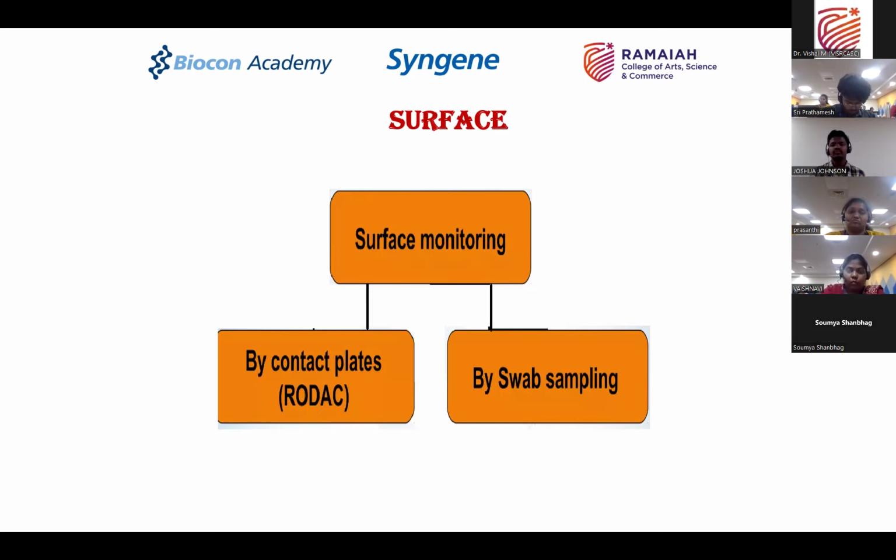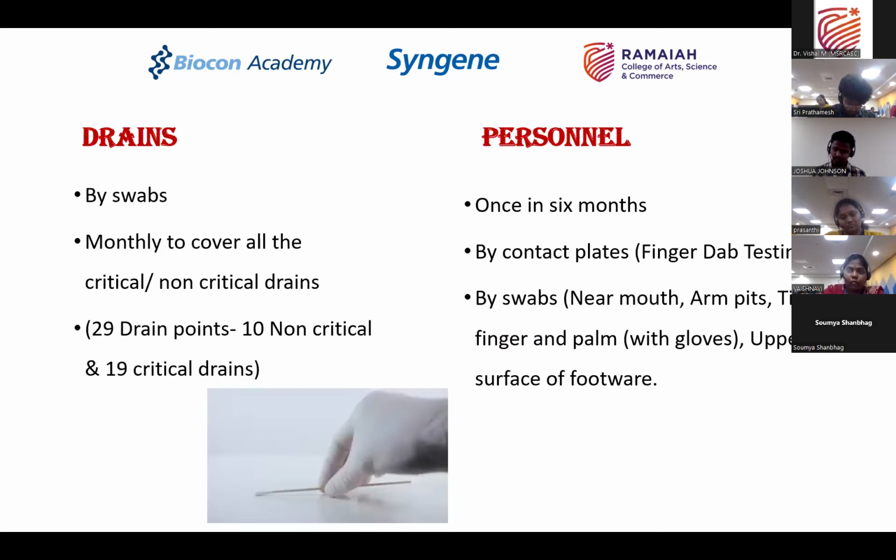It will be plated on the media, and the plates will be kept for incubation, and later counted for colony forming units. So surface monitoring will happen in 2 ways: one is by direct contact, where the plates will be kept in direct contact with the surfaces, or by swab sampling. These are the 2 ways with which we are going to monitor the surface.